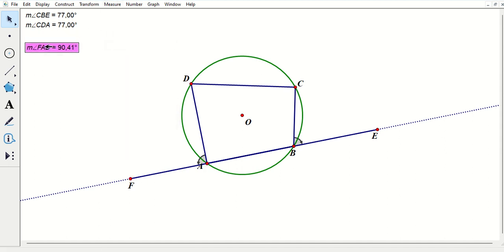So when I'm measuring FAD as 90.14 degrees, that is my angle A. Before I continue, I've measured this angle here, and I found that it is equal to this angle here.